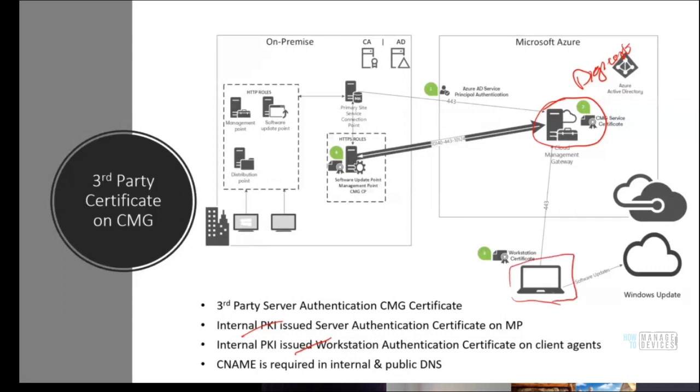When an OS is installed, it will have the required third-party root CAs. If you look into your machine, you will see DigiCert, Comodo, Entrust. All these third-party providers' root certs are already available. So it will use this root CA to communicate with the third-party certificate in the CMG service.